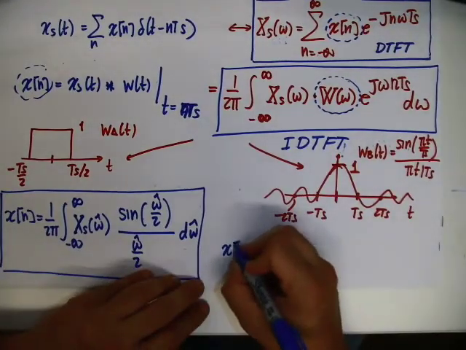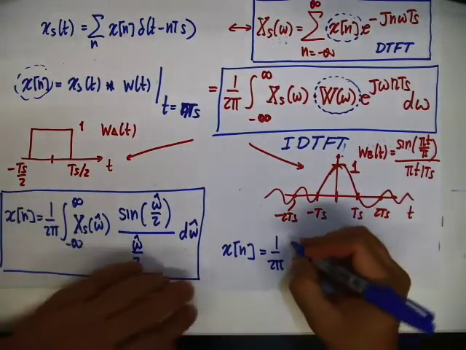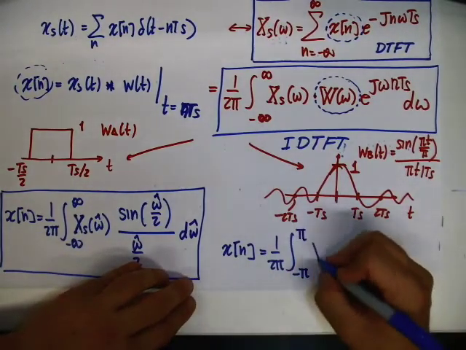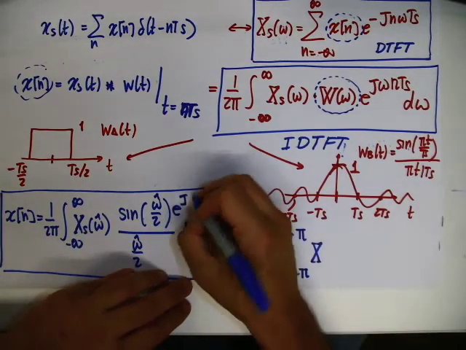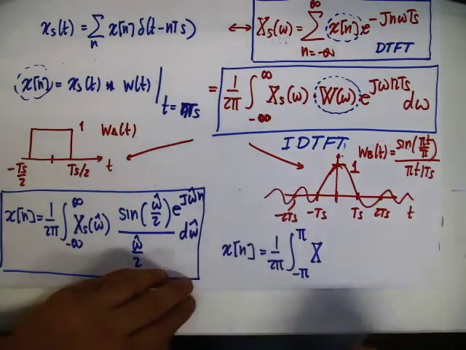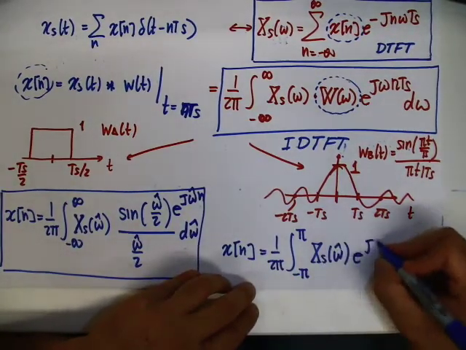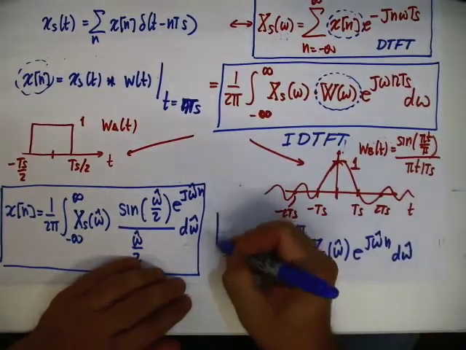And then we can also write it as 1 over 2 pi integral between minus pi and pi of X_s of omega hat, e to the j omega hat n, d omega hat.